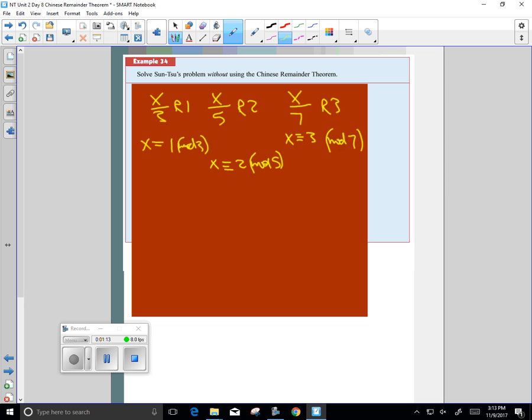And we're going to solve this using our modular arithmetic and some algebra powers. So we're going to start with this one, and we're going to write this as an equation.